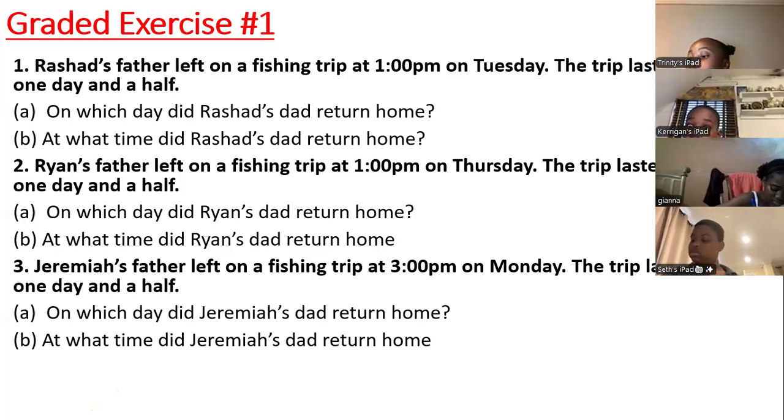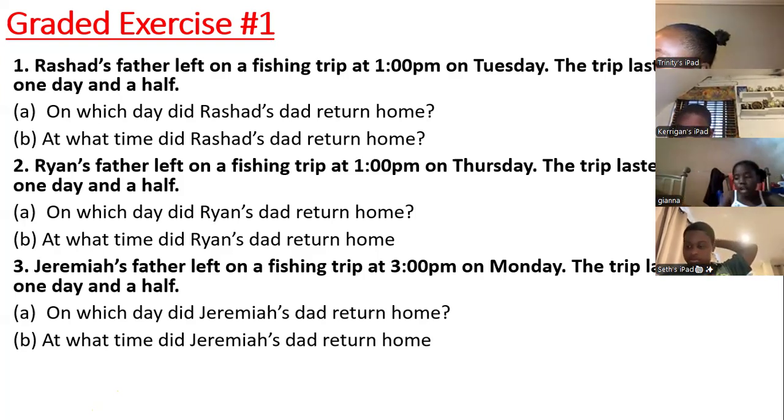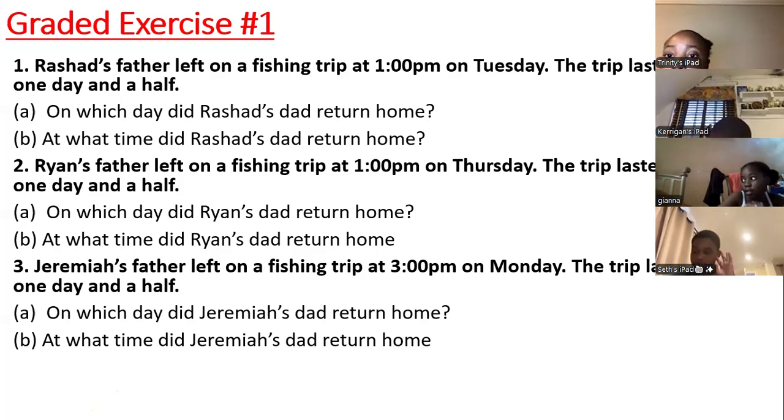Lorenda, what number you on? Legacy, what number you on? I'm on number 2, answering it. 2A or B? A. Okay. Legacy, you can't be working that slow. You have to work fast to end the exam. You're not gonna have an eternity to do this.